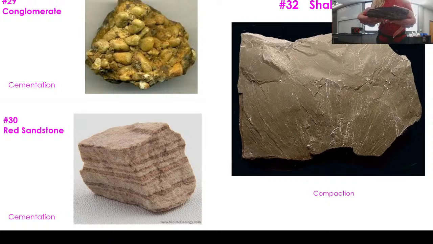And then the shell that we have here is compaction. Compaction means it had pressure and was compacted together rather than being cemented together, if you can see that.